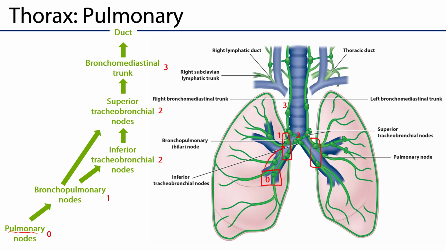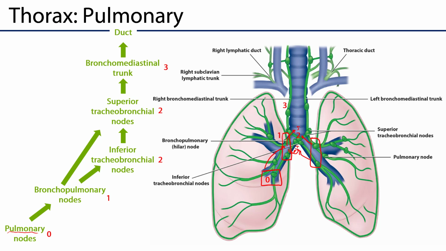From there, lymph is going to move to the tracheobronchial nodes. So the tracheobronchial nodes exist at the bifurcation of the bronchi. There is an inferior group below the bifurcation, and there is a superior group above the bifurcation. These hilar nodes may flow into either the superior or the inferior groups.